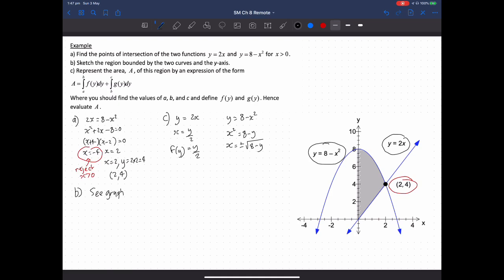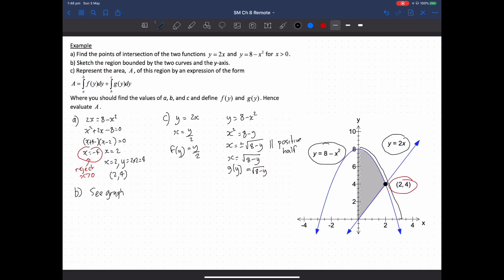So x will equal for us the positive square root of 8 minus y, because we want the positive half, which you can see quite plainly from the graph along here. That will be my g(y). So g(y) equals the square root of 8 minus y.